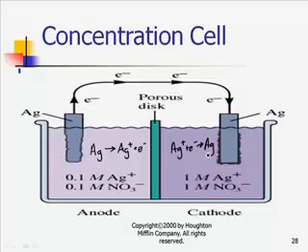So we're going to have these two reactions occurring, and they'll keep occurring until the concentrations in each cell are equivalent, and then we no longer have any kind of electromotive force. There's no potential difference between the cells at that point.